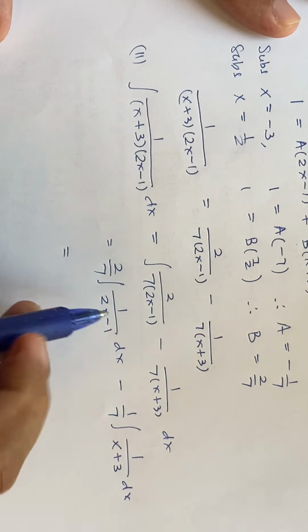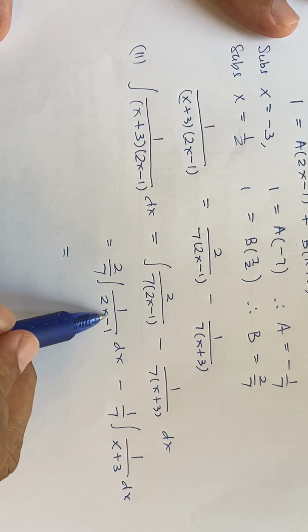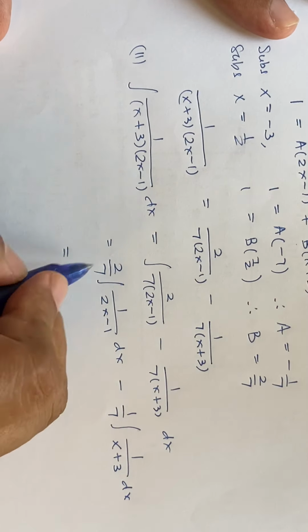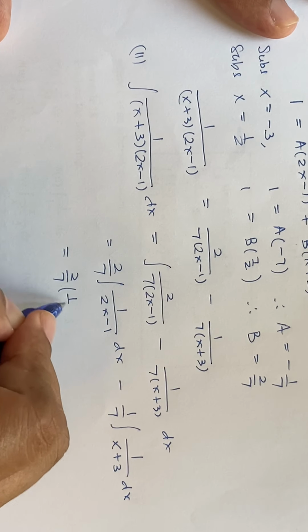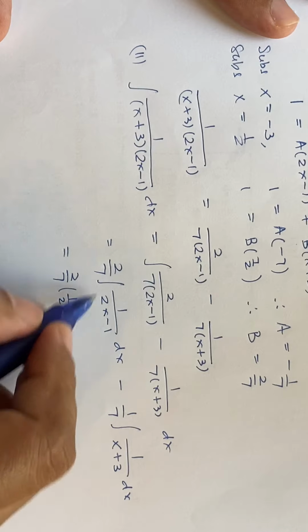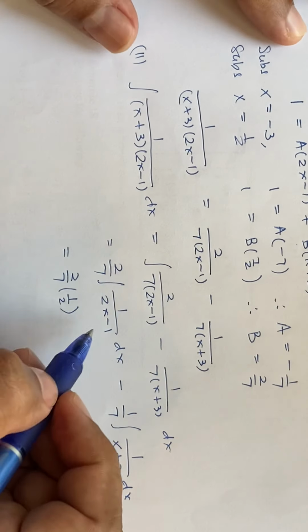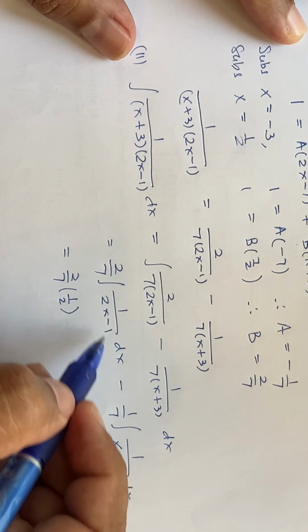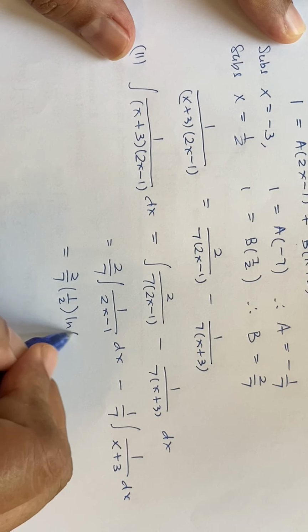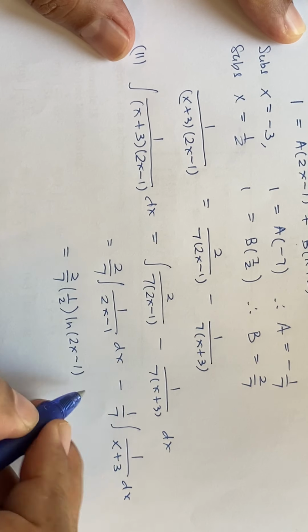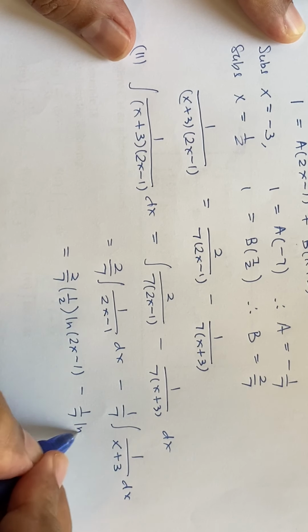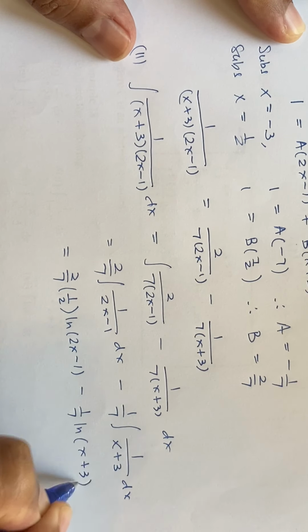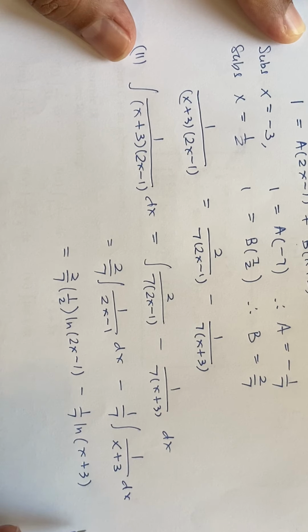Now be very careful. The coefficient of x is 2. So remember it's 1 over a, so half first. And remember, when you integrate a linear reciprocal, you're going to have ln. Minus 1 over 7. This has a coefficient of 1, so it's just ln of x plus 3. There's a plus c here; we're going to put plus c at the last line.